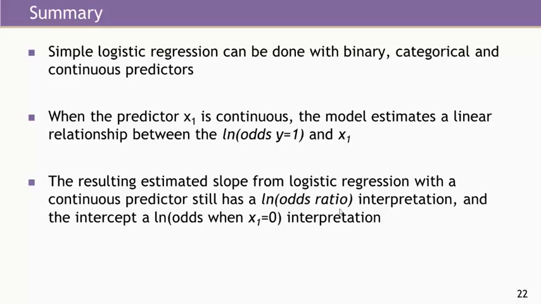When the predictor x1 is continuous, the model estimates a linear relationship between the log odds of y and x1, and there are ways to see whether that assumption is met, and there are visual tools for that. The resulting estimated slope from logistic regression with a continuous predictor still has a log odds ratio interpretation, and the intercept a log odds when x1 equals 0 interpretation, although in many cases that's not relevant to our data.